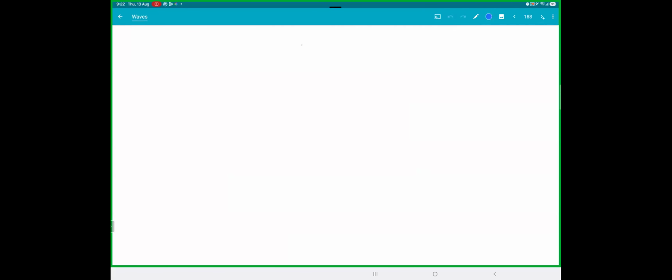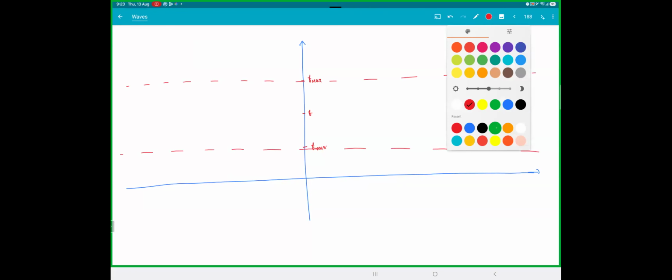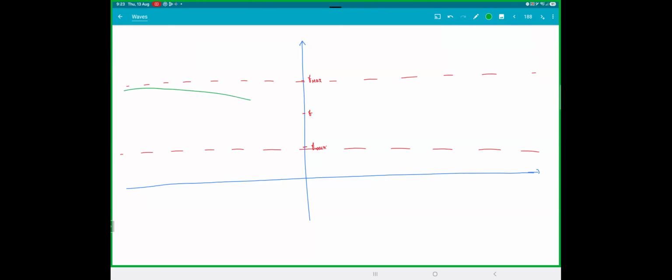Now, if you try to plot a graph, this is f max, and this is f, and this is f minimum. So your graph will start here at f max and decreases, touches f, and then decreases.